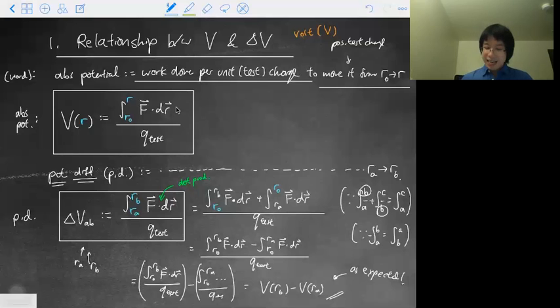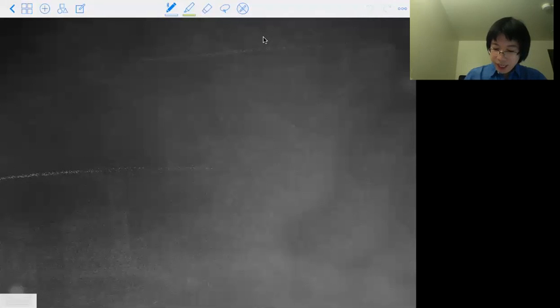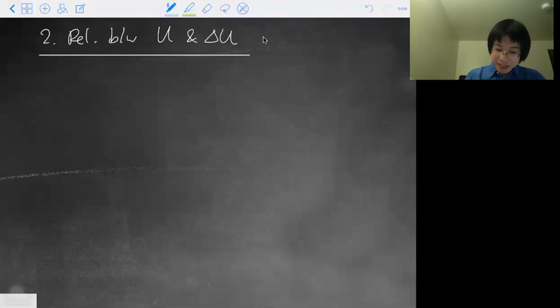Now let's change everything to U and delta U. I'll write it out very quickly. It's almost the same thing. So the relationship between U and delta U, just so this time U is electric potential energy. Sometimes U is the most intuitive symbol, but we'll work with it.